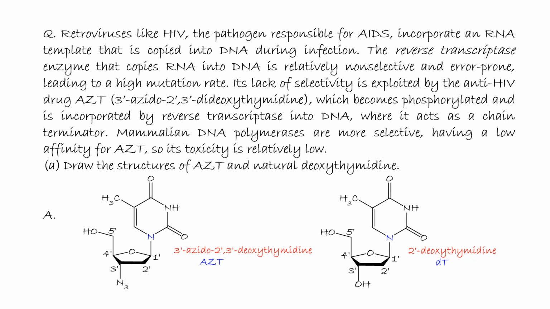Its lack of selectivity is exploited by the anti-HIV drug AZT, 3' azido 2' 3' dideoxythymidine, which becomes phosphorylated and is incorporated by reverse transcriptase into DNA, where it acts as a chain terminator. Mammalian DNA polymerases are more selective, having a low affinity for AZT, so its toxicity is relatively low.